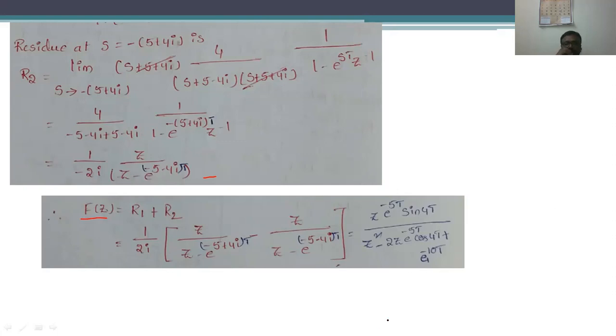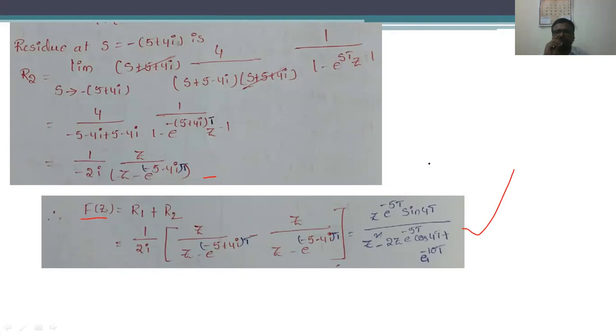In this fashion, we can solve problems using the residue method. The z transformation for this kind of question can be obtained by the partial fraction method as well as the residue method. To apply the z transform with the partial fraction method, we must be familiar with the inverse Laplace transform also.